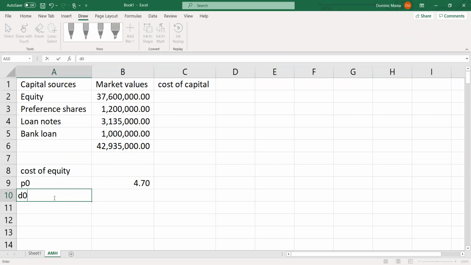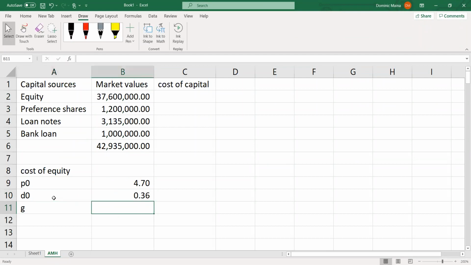The D naught is equal to that 6.3 cents, or simply let me use 0.063. We can get the g, the growth in dividends. We have the end dividend, that 6.3, and we divide by the dividend at the beginning of that period.